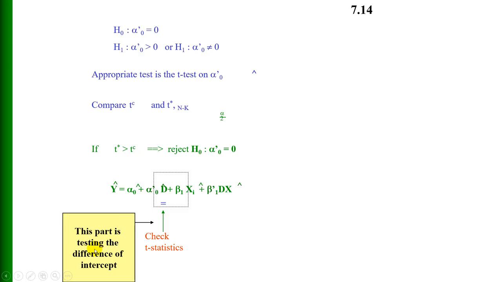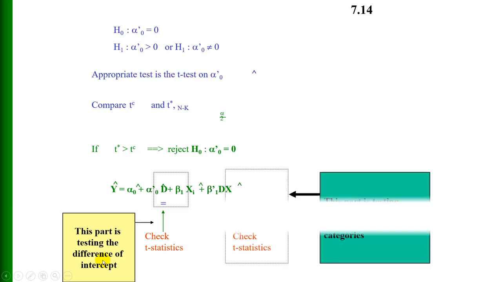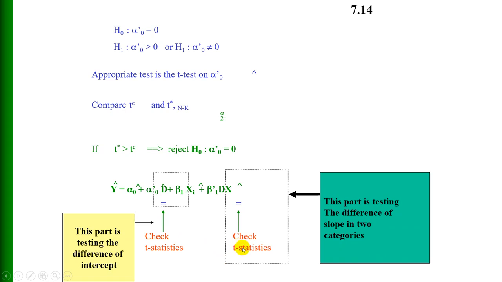This part is testing the difference of intercept, and we will also check the test of this beta 1 prime hat. This part is testing the difference of slope in two categories. So if this is significant, then it means that the two slopes are different. If this one is not significant, then it means that the two regressions are parallel.